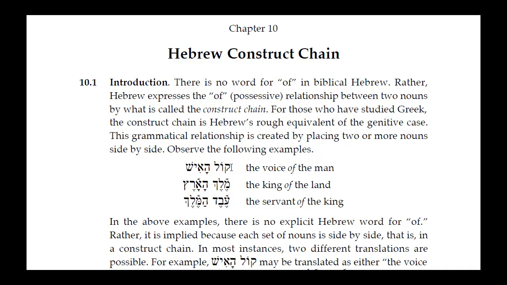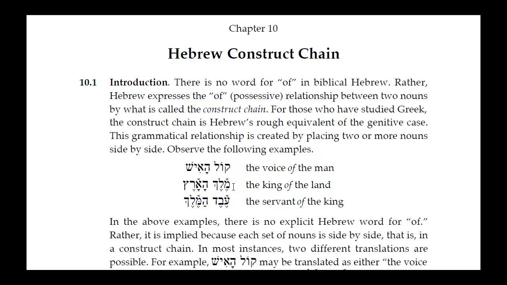We have kol ha'ish. Here we have a noun, kol, the voice, and then ha'ish. We would translate this as "the voice of the man," because the absolute noun, ha'ish, has a definite article, and we'll get into that in a little bit.